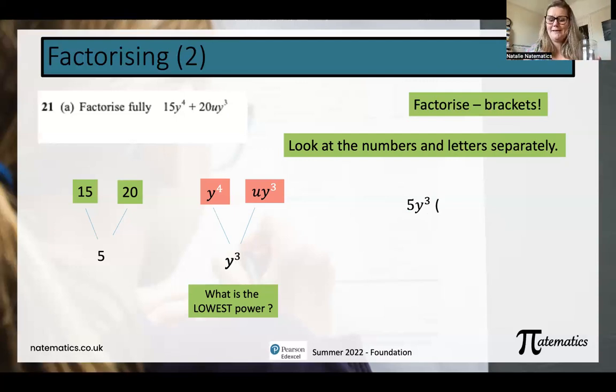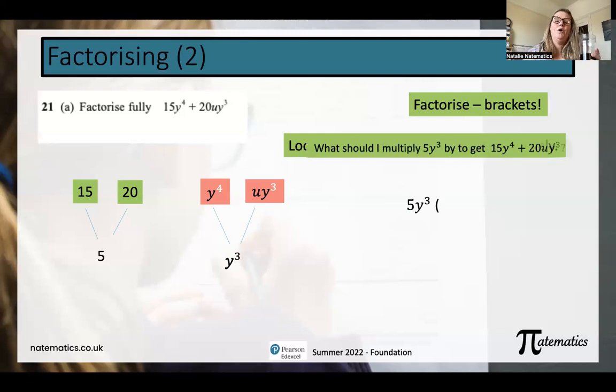We then open our brackets. And then we say, what must I multiply 5y to the power of 3 by? The 5 isn't to a power. To get, first of all, 15y to the power of 4, and then plus 20y to the power of 3.